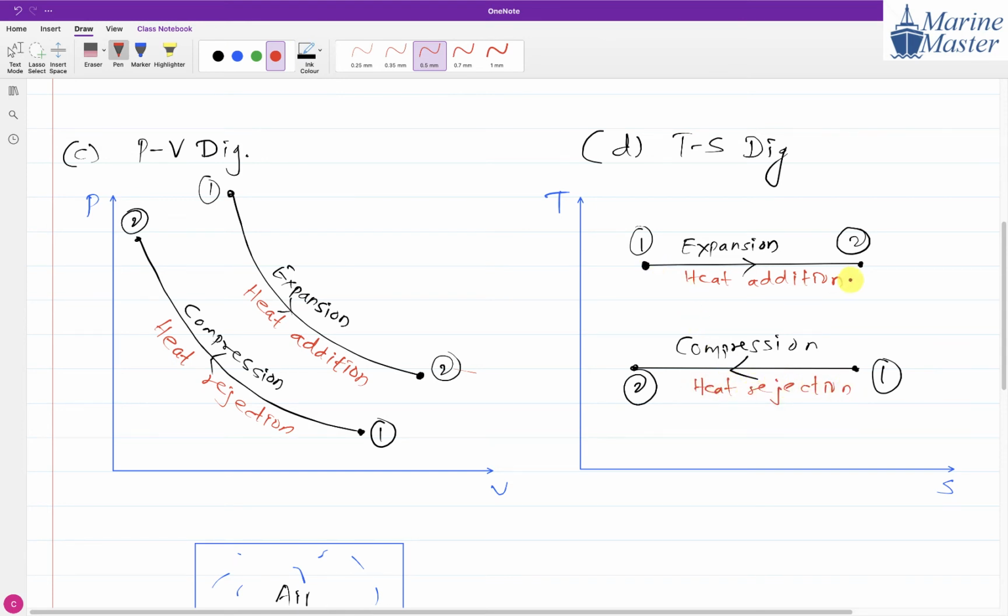Expansion means heat addition. Remember this point: isothermal expansion means heat addition, and that's why entropy is increasing. Isothermal compression means heat rejection, and that's why entropy is decreasing. Please draw this drawing.